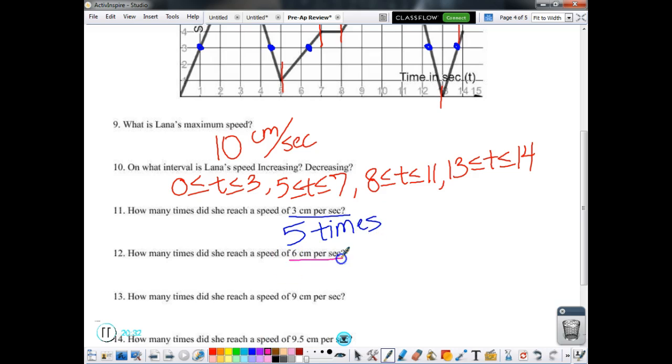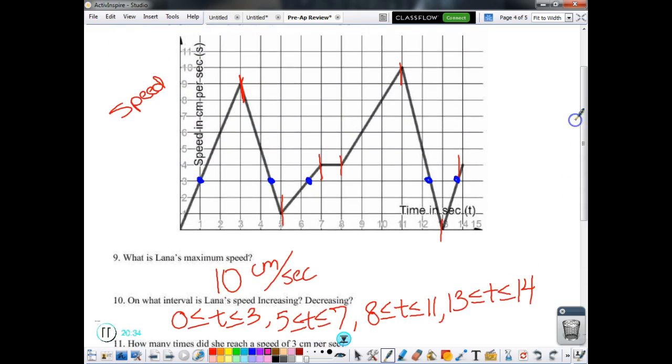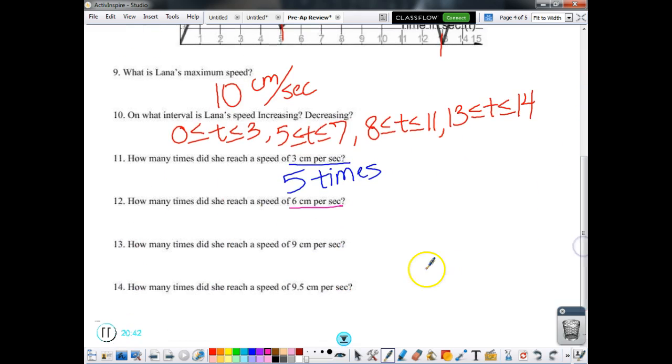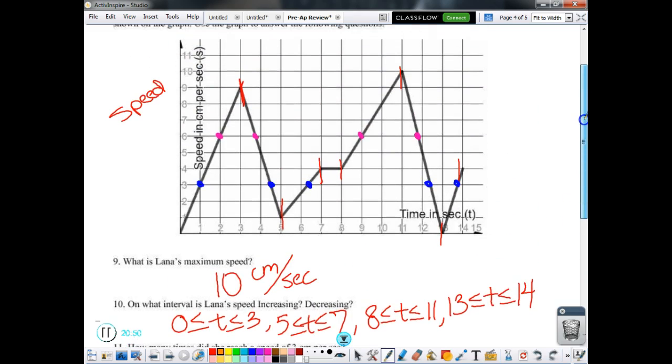Okay, 6 centimeters per second. So that's 1, 2, 3, 4. 9 centimeters.